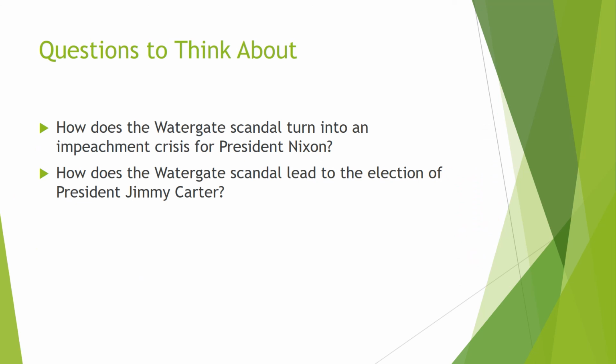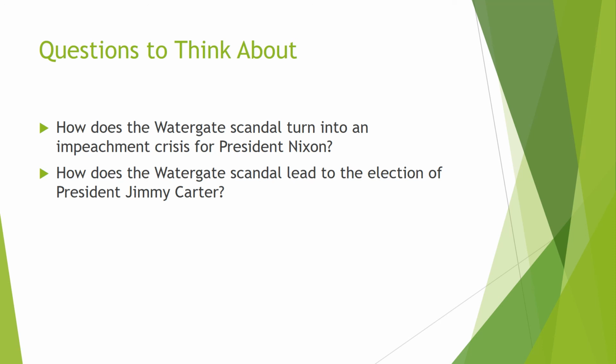So coming back to our questions to think about: how does the Watergate scandal turn into an impeachment crisis for President Nixon? The Committee to Re-elect the President was using political dirty tricks in an effort to secure Richard Nixon's re-election campaign.